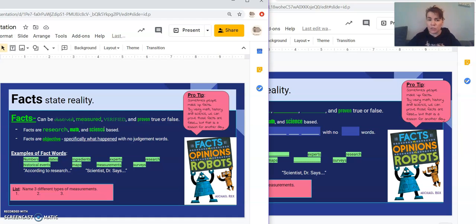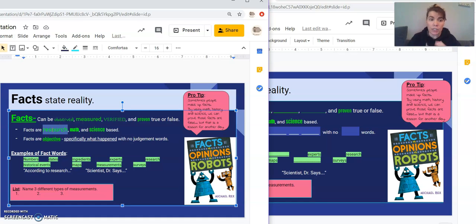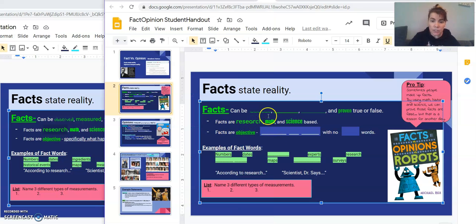There's nothing I can measure about it, but I can verify facts about the Civil War by using our common research, historical documents from the source, from others who observed it and were there, okay? And so we can never know 100% what happened there, but we can use our best, most agreed upon knowledge with research. So that's the next line. Facts are research, math, and science-based, all in there.